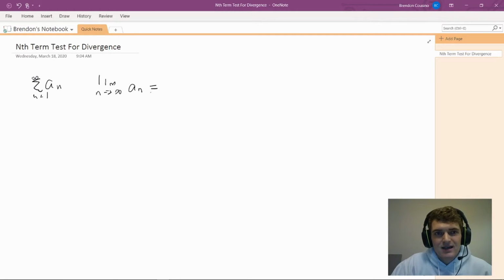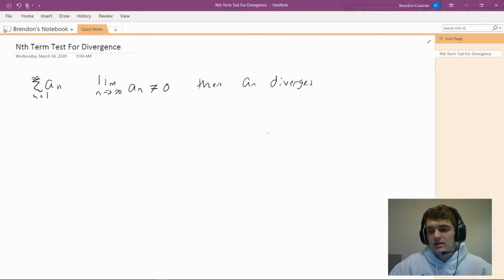And if that does not equal 0, then the series diverges. We can use this definition and test it out on a series.